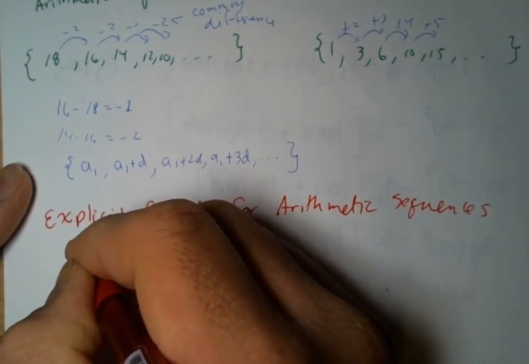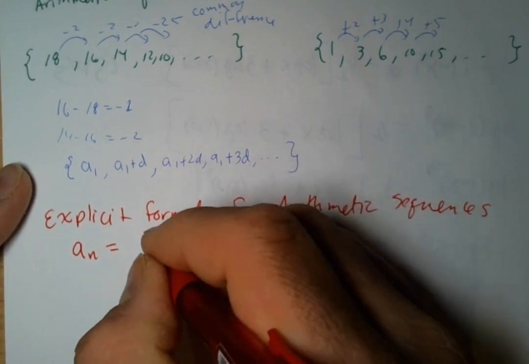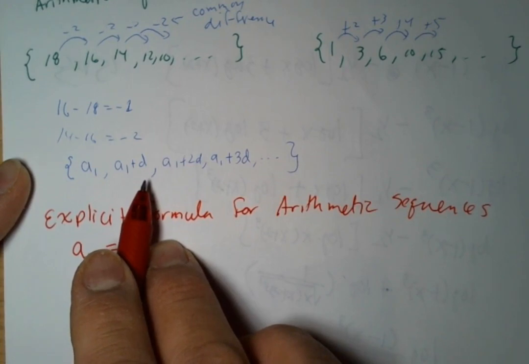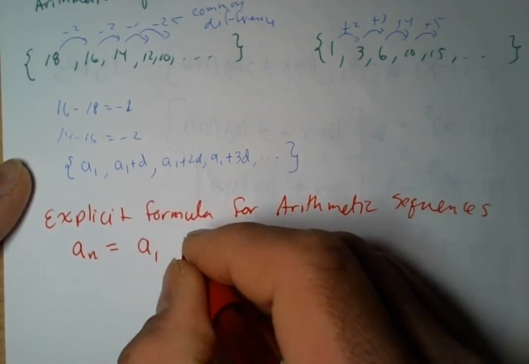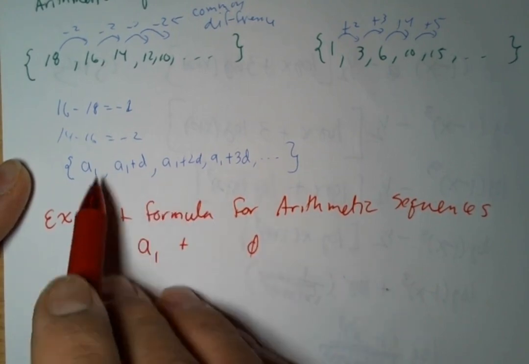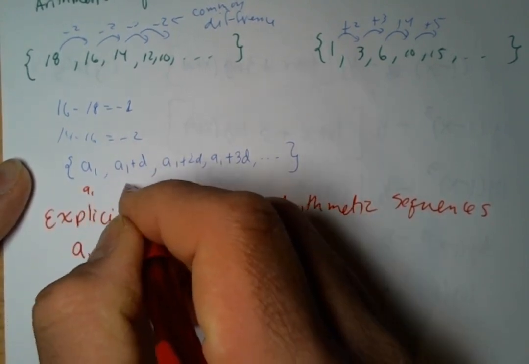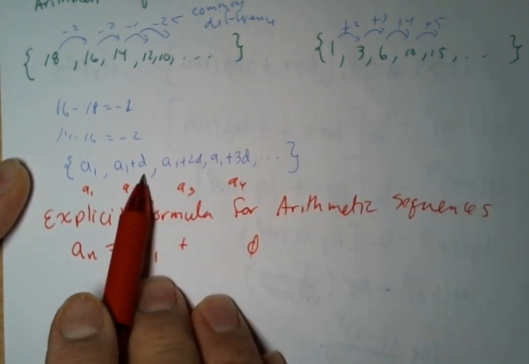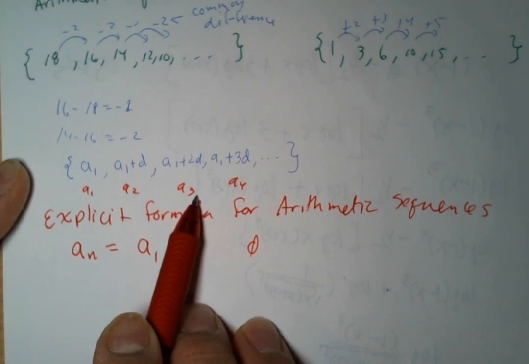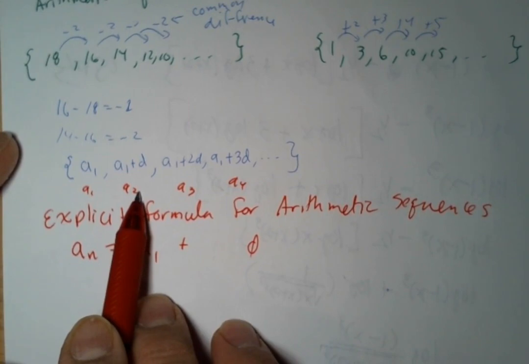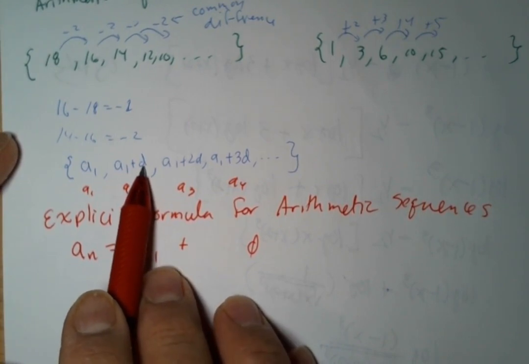So we know that a sub n will be equal to our first term, which we can use as our reference, and then here we're adding some common difference. Now it depends where we're at along the sequence. Notice that if this is A1, A2, A3, A4, the number of times is always one less than the nth term that I'm in.